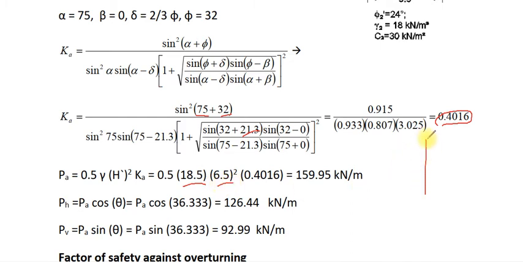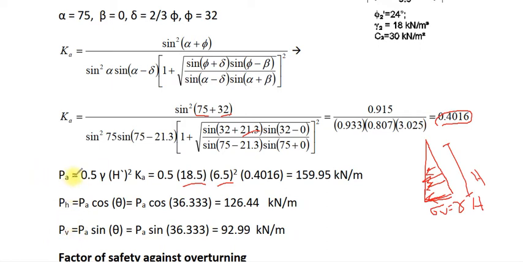Since the distribution of the pressure acts on the retaining wall is triangular, therefore this is sigma vertical equal to gamma H, and this is H, gamma H multiplied by H over 2. 0.5 gamma H square multiplied by K active equal to 159 kilonewton per meter.